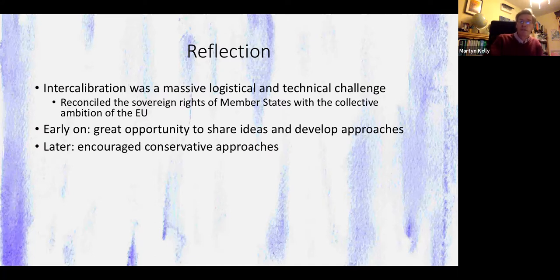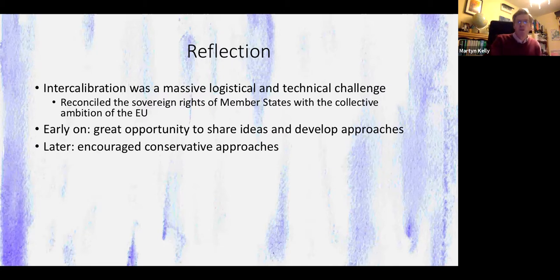But that possibly haunted us later on, because, I feel, and I know Sandra in our discussions about the paper disagreed with me, it encouraged a conservative approach, particularly as smaller and less well-off countries in Eastern Europe joined the exercise.